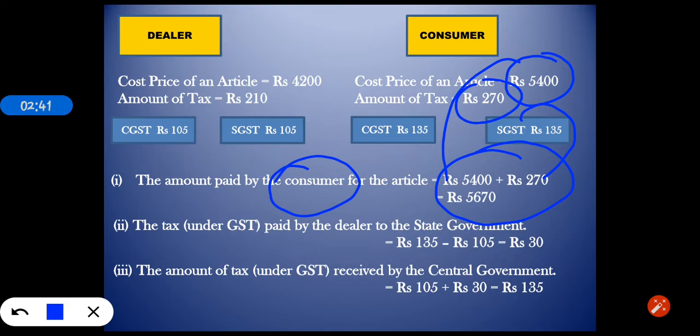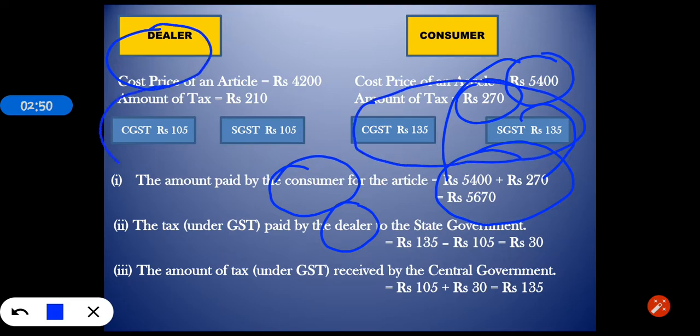Number 2, the tax under GST paid by the dealer. For the dealer, this is your output and this is your input. So the tax paid by the dealer to the state government is output, which is 135, minus input, which is 105. When I subtract these two, I'll get rupees 30.